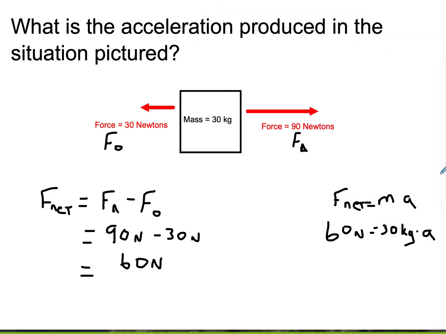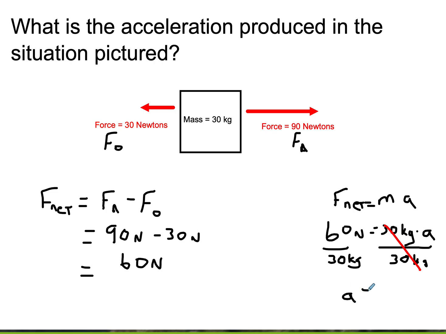How do I get A by itself? Don't you divide by 30? Yep, that's exactly right. So I'm going to divide both sides by 30. And I divide this side by 30. Those disappear. And then I'm left with the acceleration.